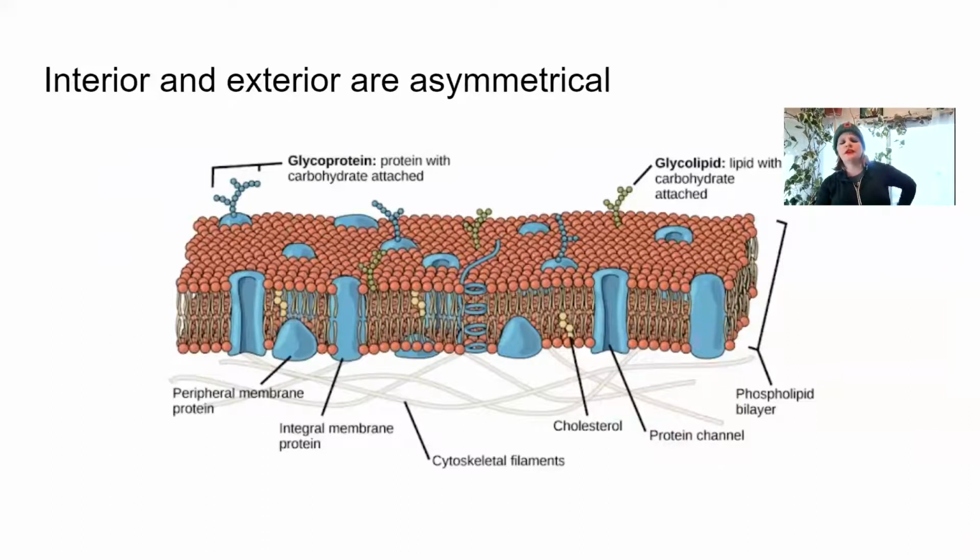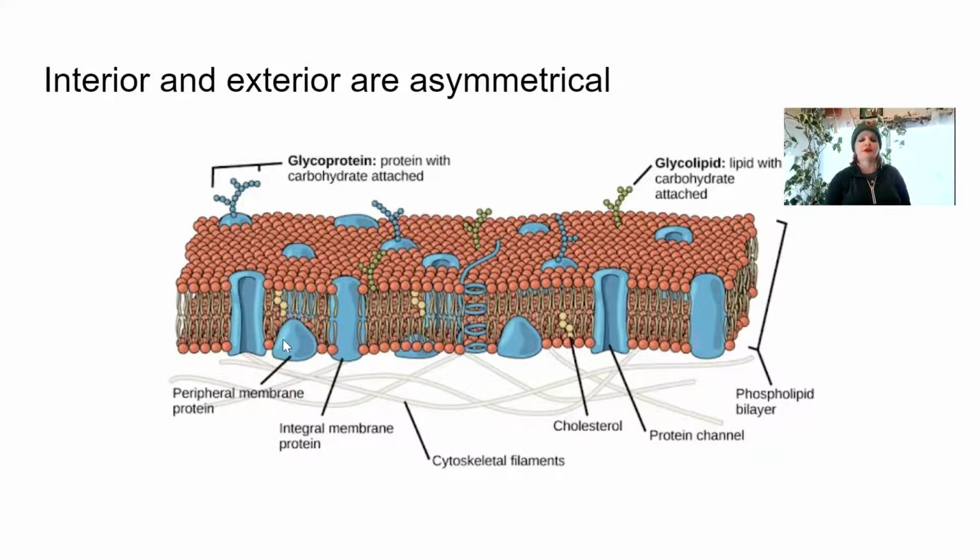When we think about plasma membranes, we have to remember that the inside and the outside of the cell are not exactly symmetrical. They're not the same. From this image from your textbook, you can see that some of these proteins pass all the way through the plasma membrane.